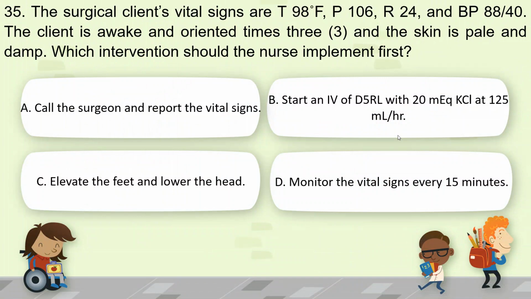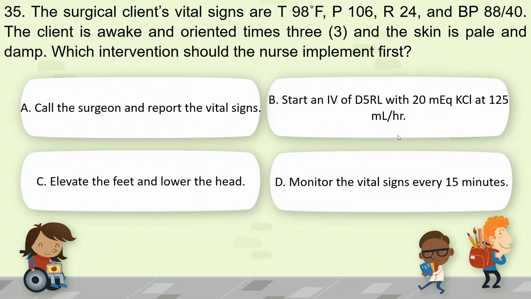Of course, in this case you are suspecting that there is hemorrhage or hypovolemic shock. Therefore, you increase the venous return. The best answer for number 35 is letter C. That's basically making sure that you are increasing the volume of blood returning to the body for perfusion.